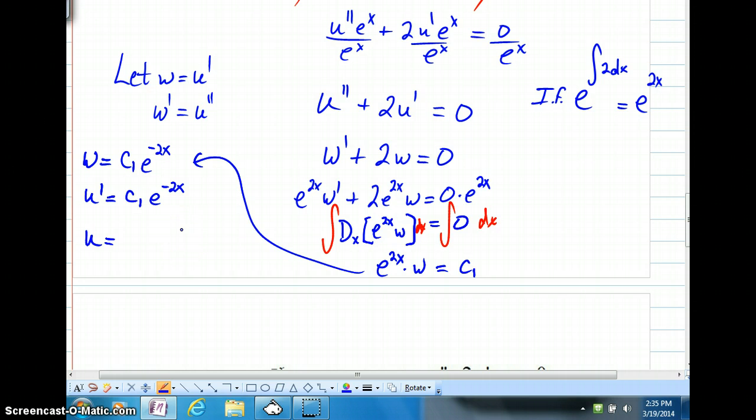I've got to do one more antiderivative. What's the antiderivative of e to the negative 2x? Negative 1/2 e to the negative 2x. Reverse that chain rule. Divide by negative 2. And don't forget, now you've got another constant.